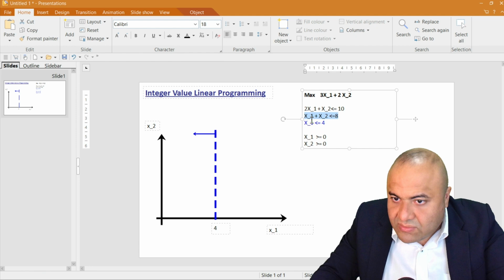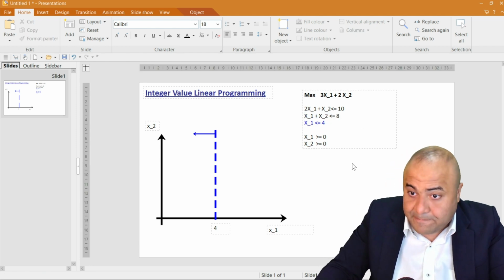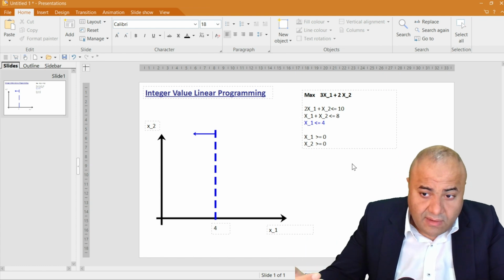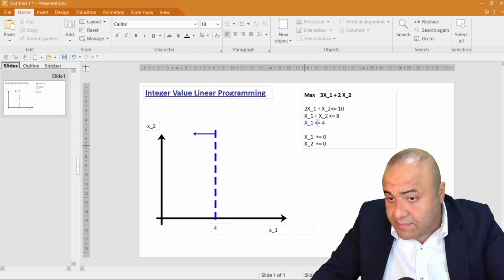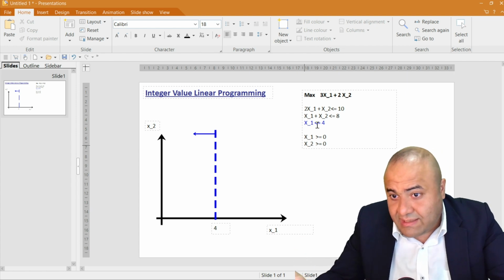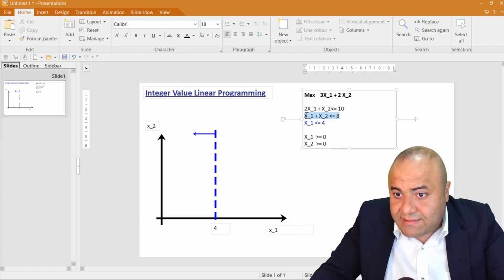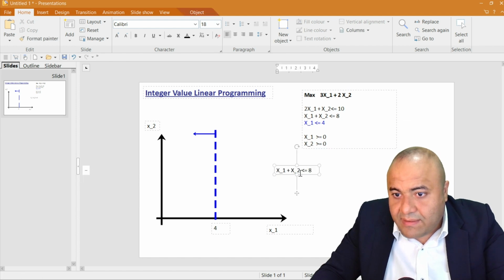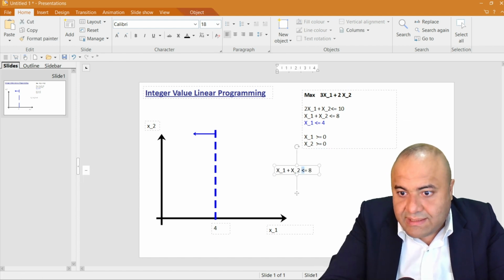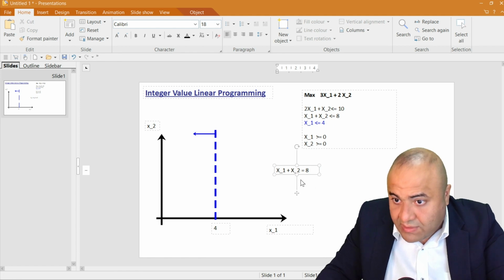Now x1 plus x2 is less than or equal to 8. So how can we draw this line? We already know it's a line. We take this equation and remove the less than, and we solve the equation by having x1 equals 0, x2 is 8.